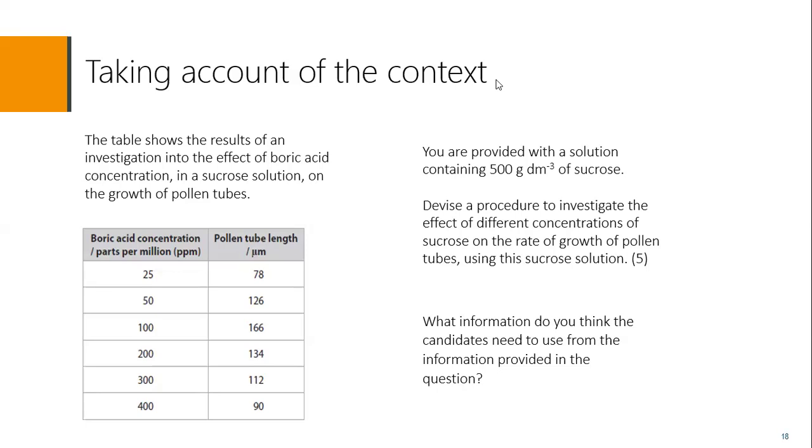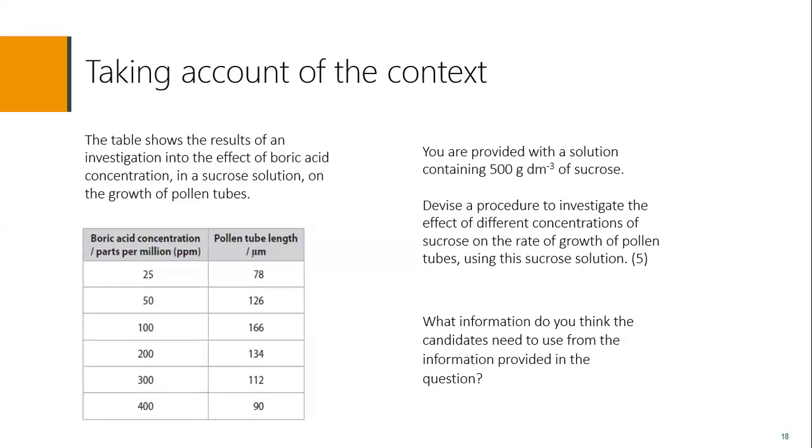Right, if you now put into the chat box information that you would take from what's provided when you were planning this investigation, and then we'll move on and have a look at the mark scheme and what it was looking at.